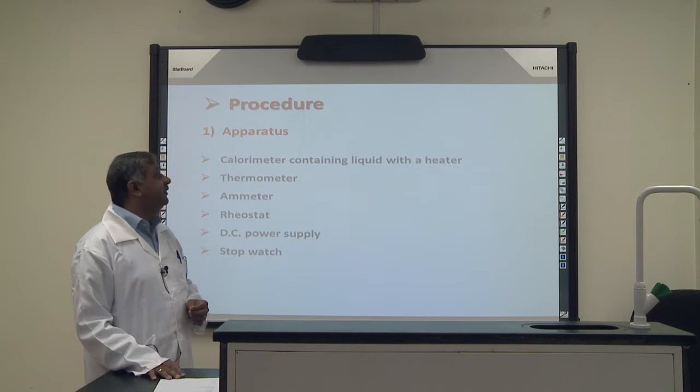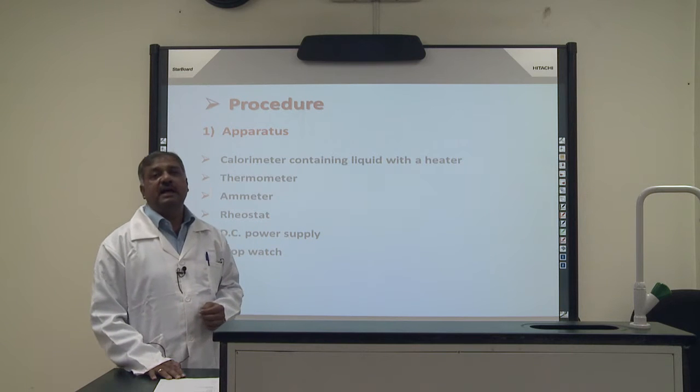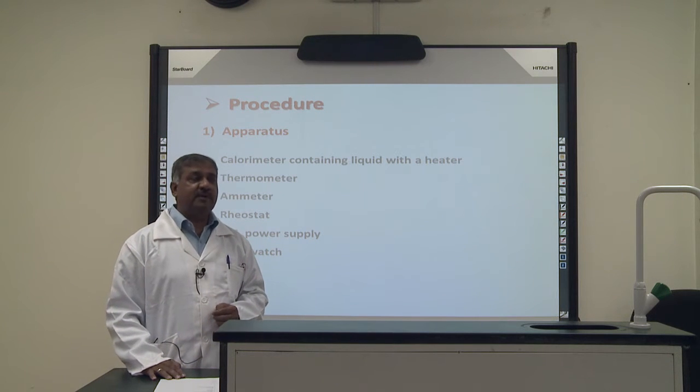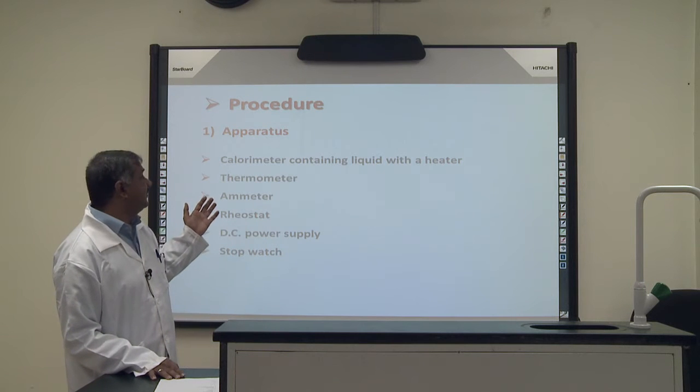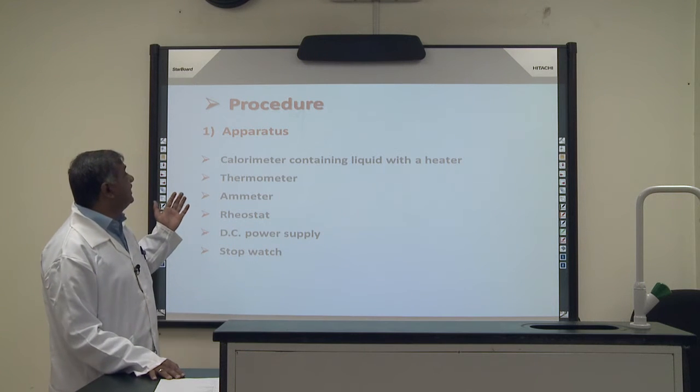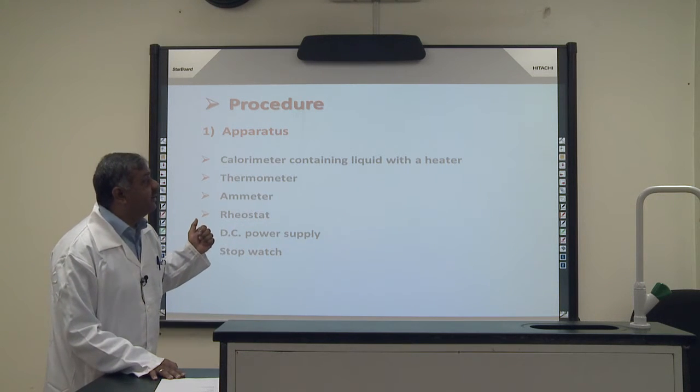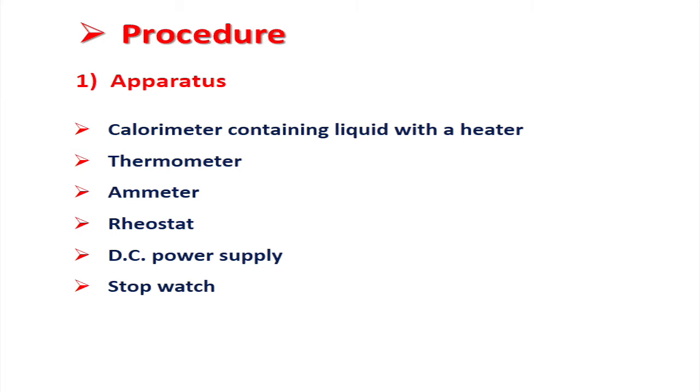So after this we are moving towards the apparatuses one by one, but before this I will just read for you that we are using a calorimeter containing the liquid with a heater, also called the electric calorimeter, a thermometer, a laboratory thermometer or simple clinical thermometer, and an ammeter, the ampere meter.